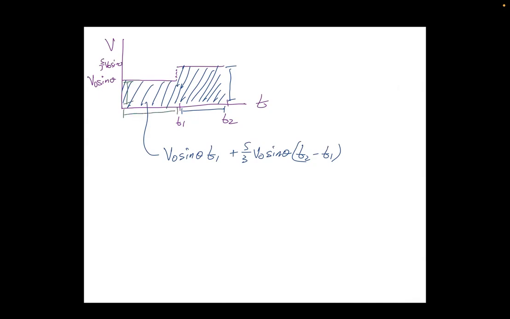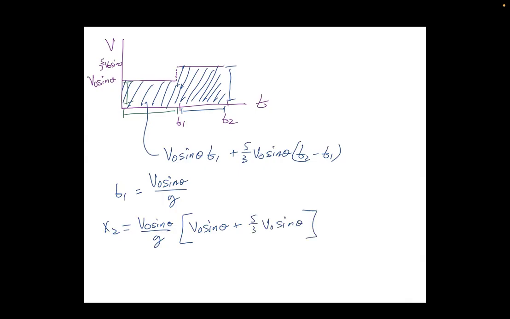Then to substitute our values, T1 and the interval T2 minus T1 are actually the exact same times, v naught sine theta over g. So the total distance traveled is v naught sine theta over g times v naught sine theta plus 5/3 v naught sine theta.